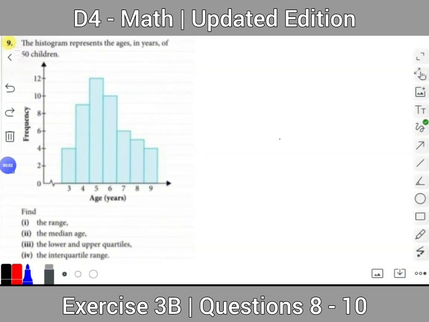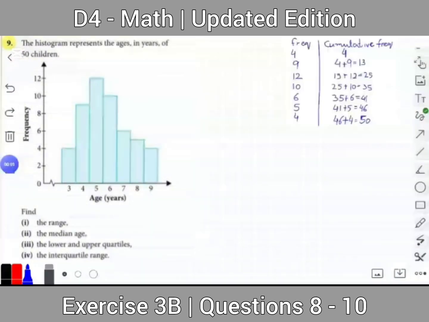First we will find the cumulative frequencies, but first we have to identify the frequencies. From the cumulative frequency table we will draw the cumulative frequency curve.